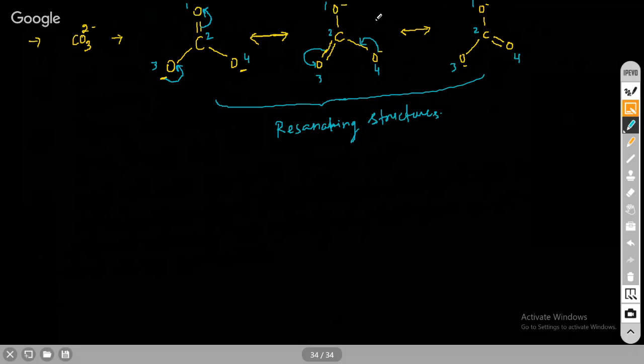One more thing I'll tell you here, all these resonating structures are separated by this double-headed arrow. Resonating structures of any molecule, if you draw, will be separated by this double-headed arrow. Why this double-headed arrow are we using? Because the meaning of this is, this structure can be converted into this, and this also can be converted into this. Both ways it can go, right? That's why we are using the double-headed arrow. Anyway, so these are the resonating structures we have.